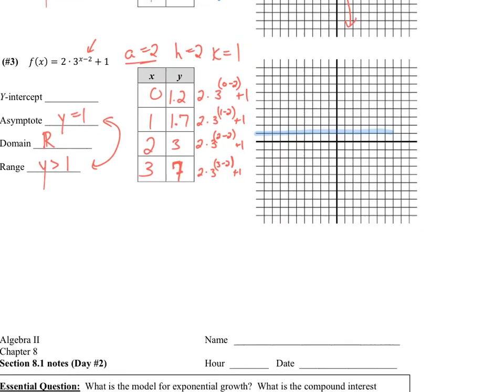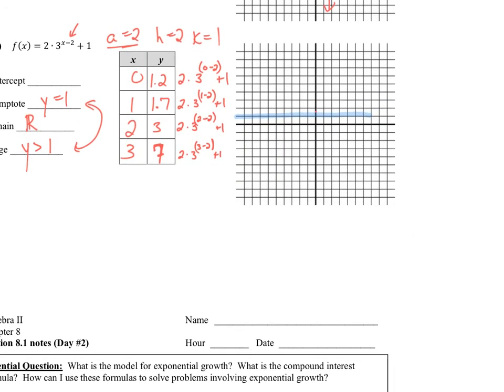So if we graph this, 0, 1.2, 1, 1.7, 2, 3, and then 3, 7.